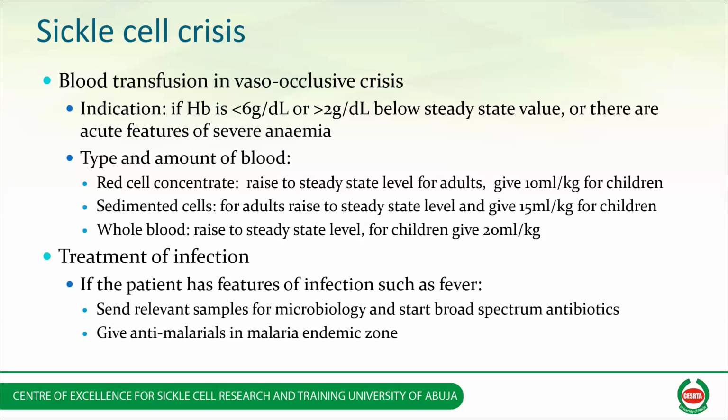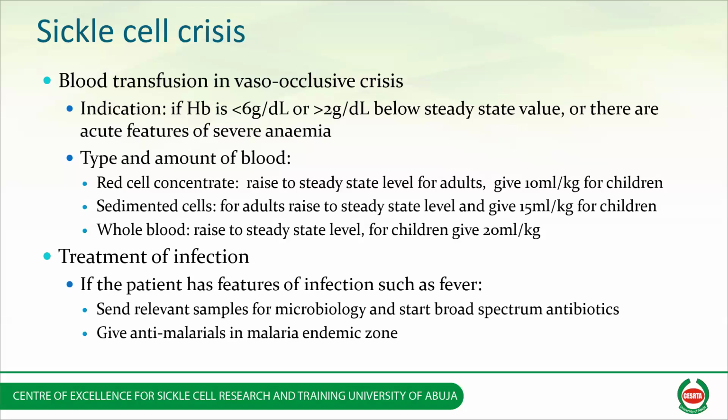Type and amount of blood. Red cell concentrates should be used, raised to steady state level for adults. Give 10 mils per kg for children, and sedimented cells for adults raised to steady state level and give 15 mils per kg for children.